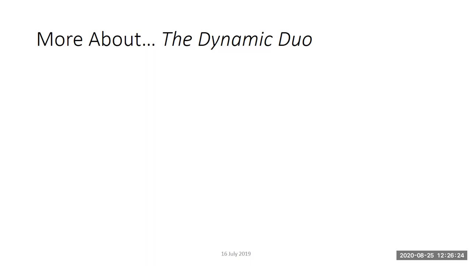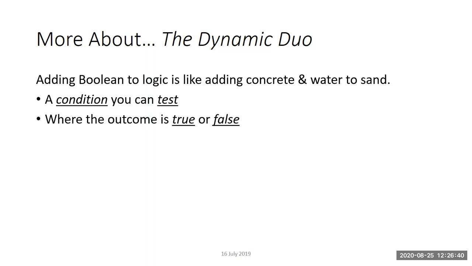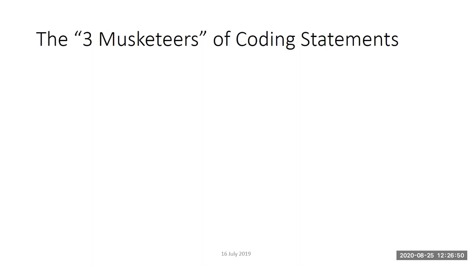Thank you. All right. So the dynamic duo, right? Adding Boolean logic is like adding concrete and water to sand. You take the condition you can test, where the outcome is true or false, and with the inputs for decisions, you branch or jump to a different procedure or a different instruction, right?